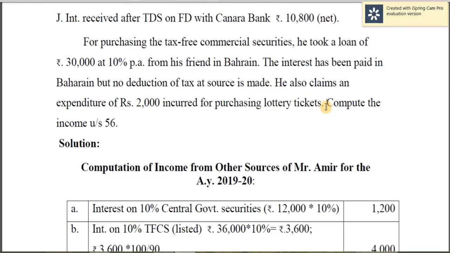In the case of casual income, like winnings from lotteries, crossword puzzles, races including horse races, or any betting, any expense incurred is not deductible from the prize money. Therefore, the 2,000 expenditure incurred for purchasing the lottery ticket is not allowed as an expense.